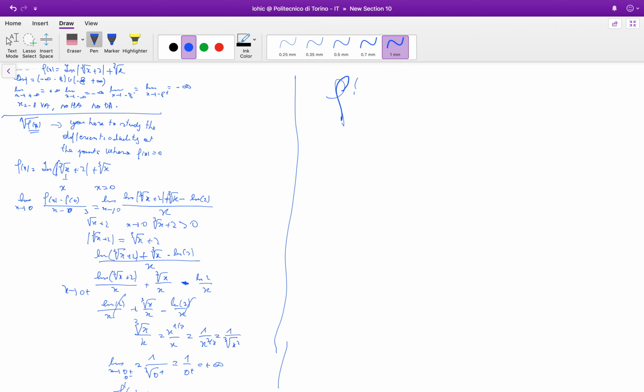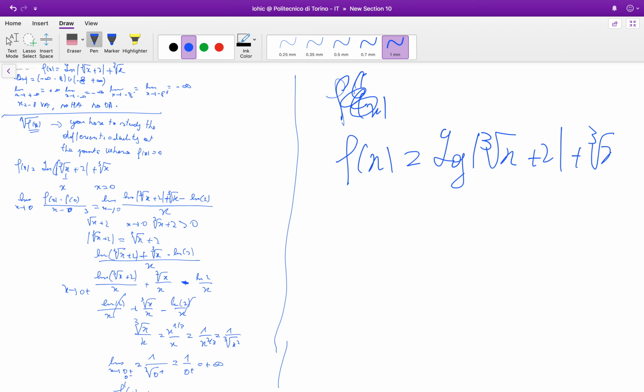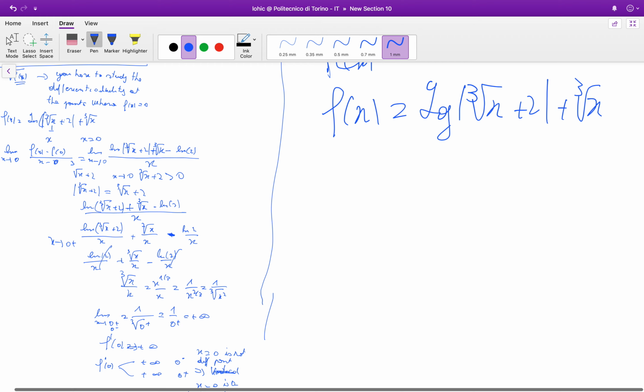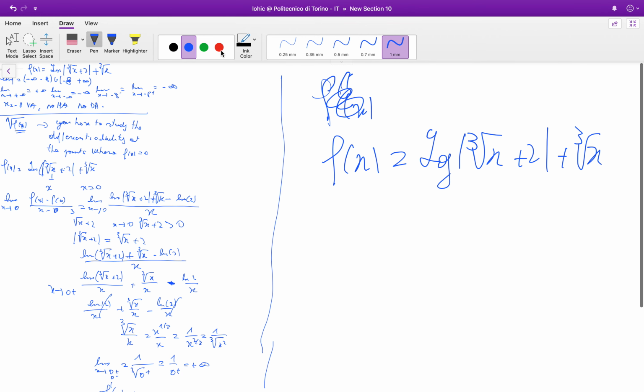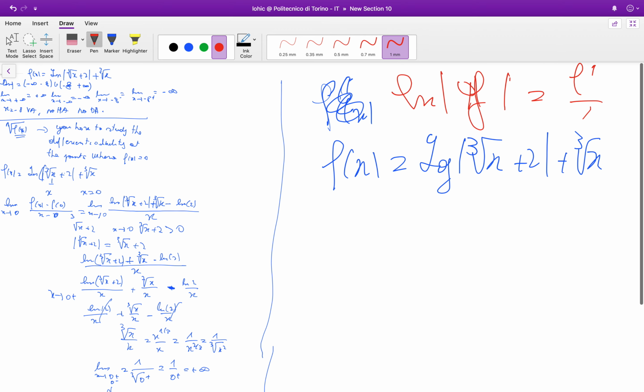The function is f of x equal to the logarithm of the absolute value of cubic root of x plus 2, plus cubic root of x. I remind you that if I have the logarithm of the absolute value of f, the derivative is just f prime over f.